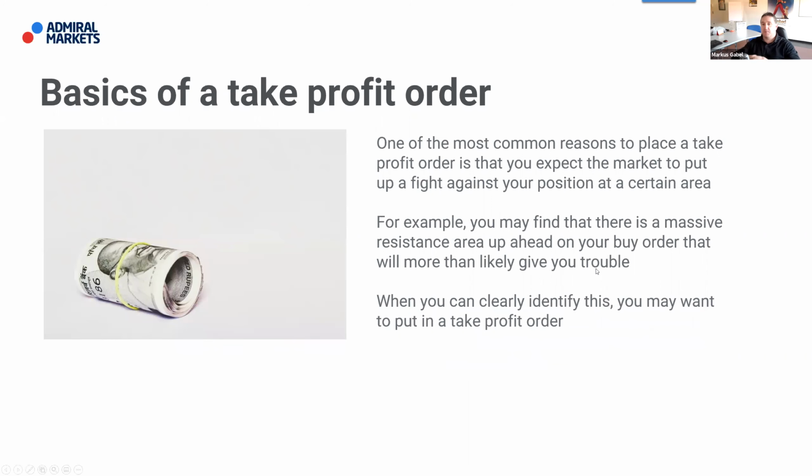So one of the most common reasons to place a profit order is that you expect the market to put up a fight against your position at a certain area. So you can see it in the chart. For example, if you see anywhere in the chart a massive resistance area up ahead on your way, then maybe it's a really good thing to place your target order exactly there.